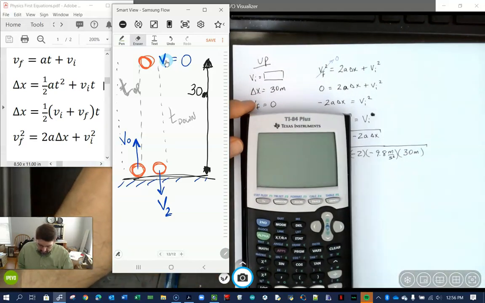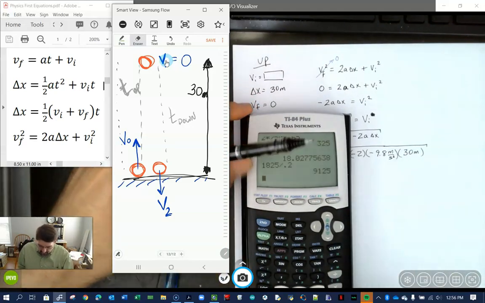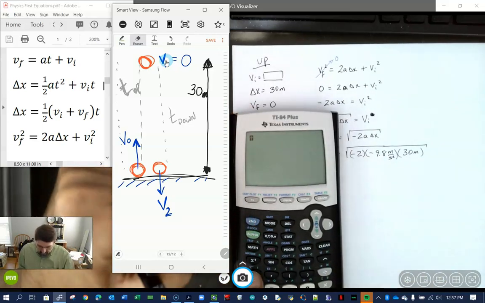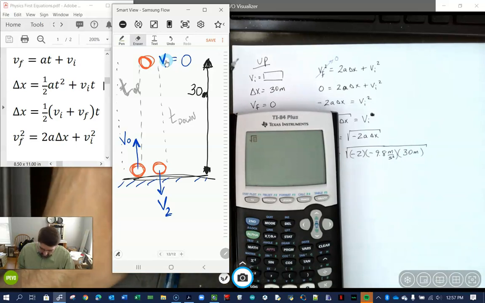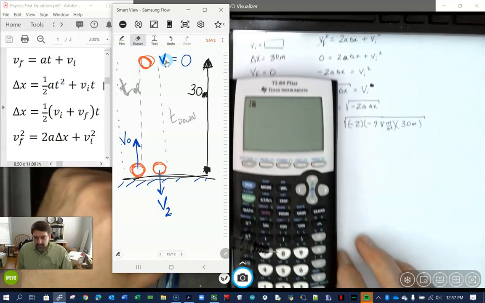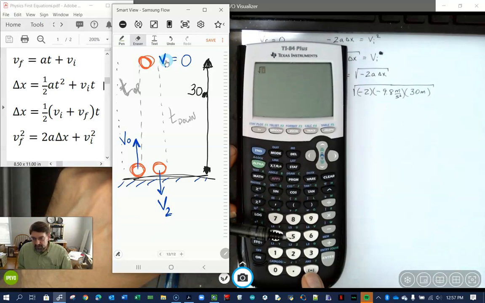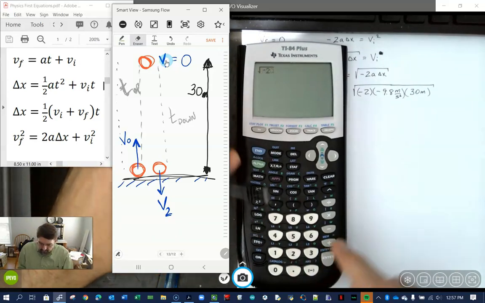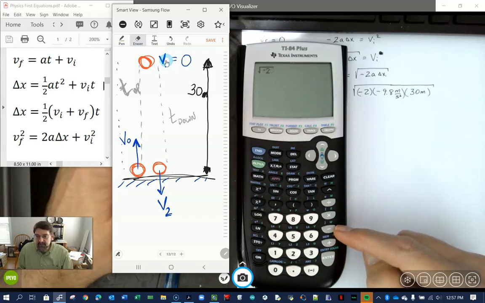I don't know what kind of calculator you guys have. I can show you how I would do it myself. I would just go ahead and plug in the square root symbol, and then this is minus here. This is the minus negative 2. So negative 2. A lot of people think it's the minus sign, but it's negative.